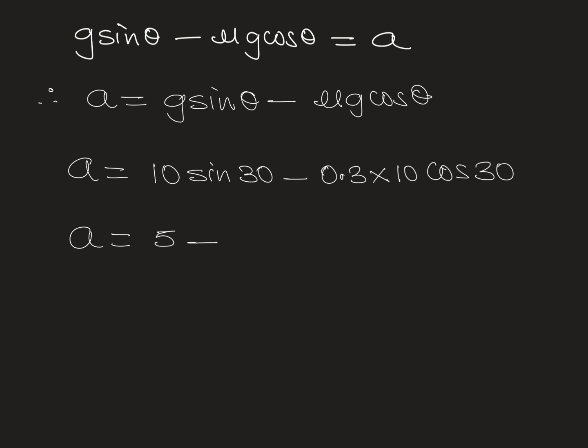So what is 3 cos 30? 3 cos 30 is 2.6. Therefore, acceleration is equal to 5 minus 2.6, which gives 2.4 meters per second squared as the acceleration.